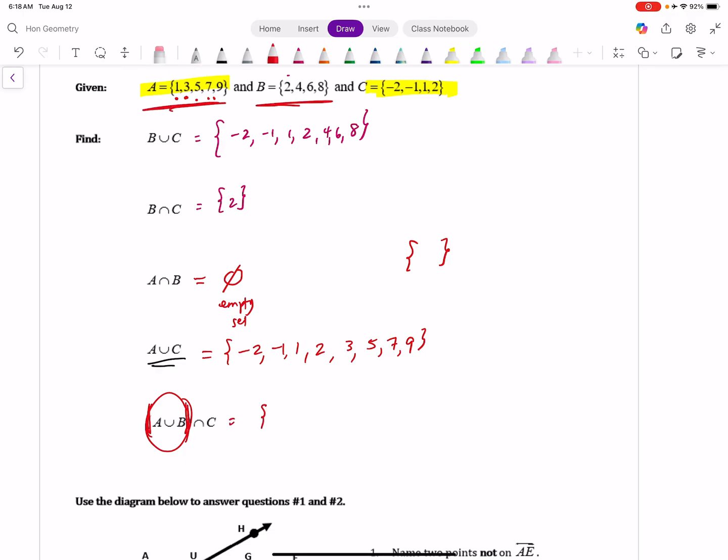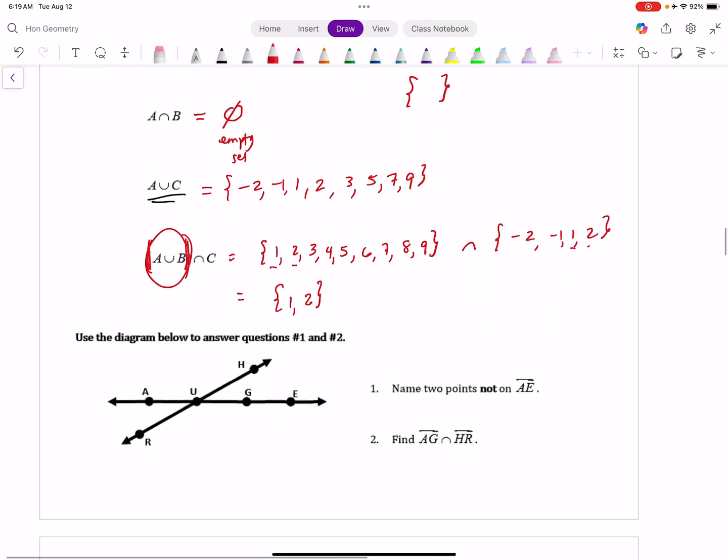So that would be this set here. And then we're going to intersect that with this set. So it's just saying, what do they have in common then? They both have a 1 and they both have a 2. So that would be the set 1, 2. Or the set that contains 1, 2.